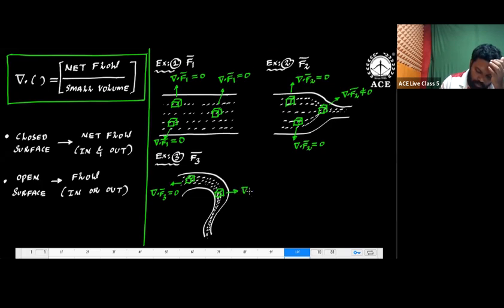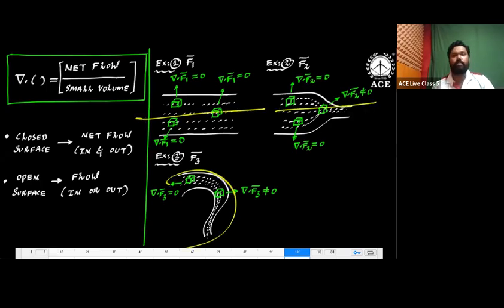So there is a possibility for the divergence. Divergence of F3 is not equal to 0. What is the nature of the field here? It is straightforward. Here it is circulating.